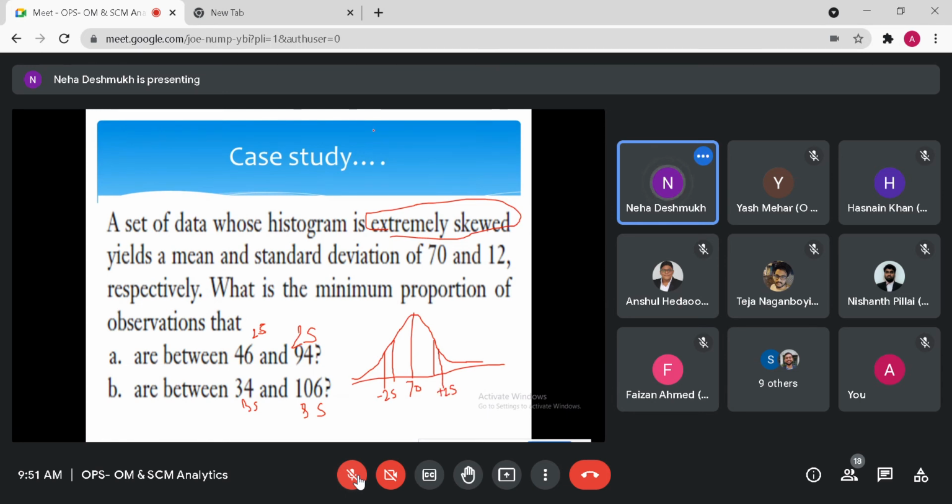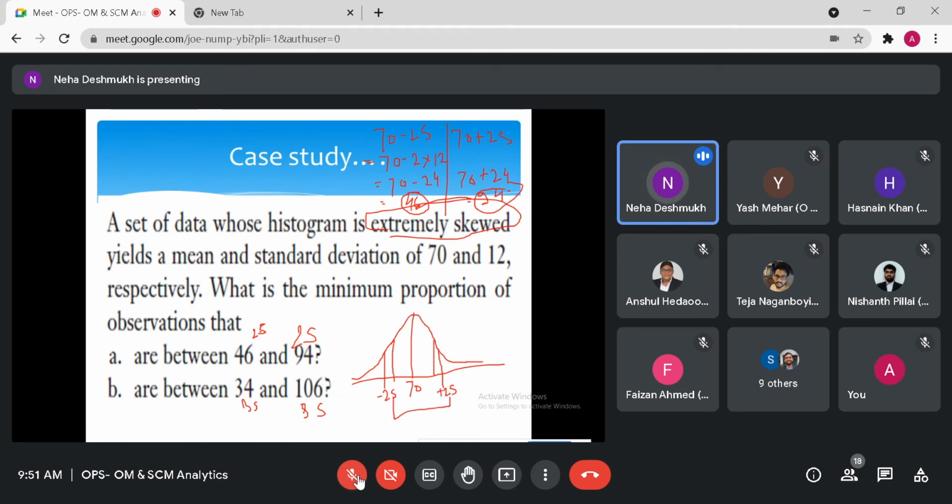Minus 2s means 70 minus 2s, and plus 2s means 70 plus 2s. Here s is 12, so 2s is 24. So 70 minus 24 is 46, and 70 plus 24 is 94. 46 and 94 is the range of 2s.